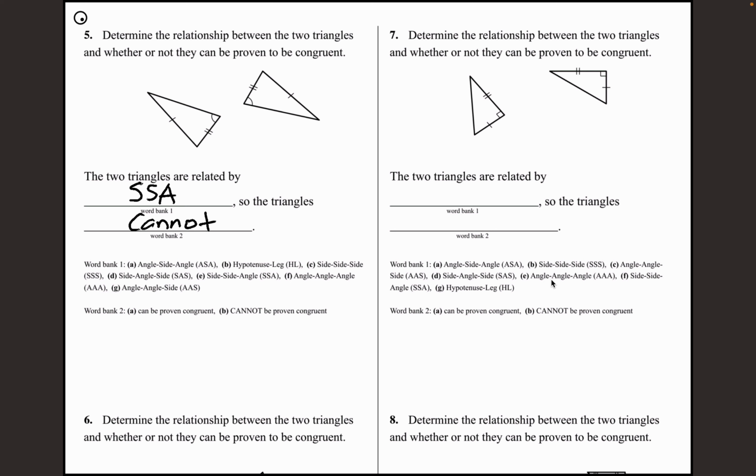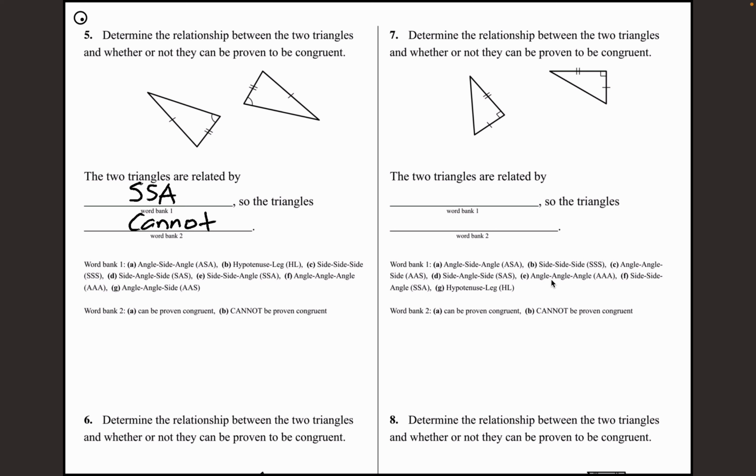All right, let's look at the next one. What kind of triangles are these? They are right triangles. Which triangle congruence is this? Is it hypotenuse leg? It's not. Why is it not, Colton? Listen to Colton. We're not told the hypotenuse is congruent. We're told the two legs are.